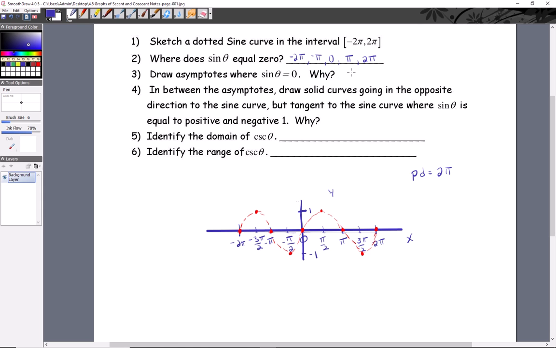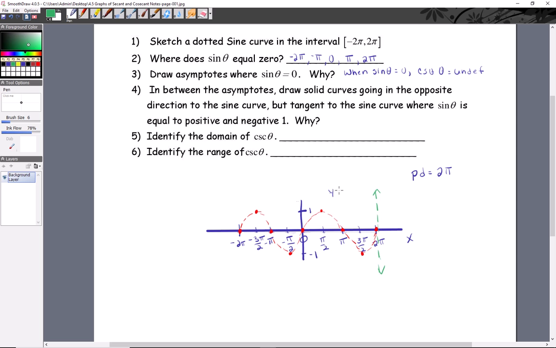And that's because when sine theta is equal to 0, cosecant theta is going to be undefined. So there's no way we can get any y values for x values that are not defined. So let's go ahead and put in these vertical asymptotes, and they're going to go right through where y is 0 on the x-axis, let's put it that way.